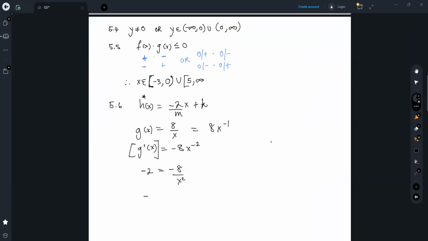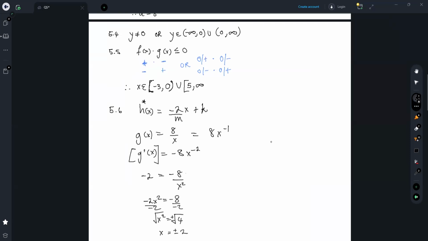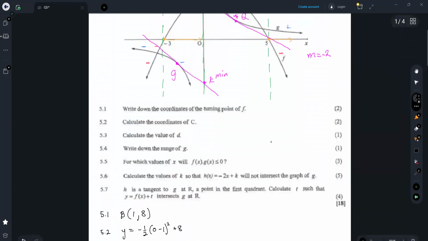So I have negative 2x squared equals negative 8. Dividing both sides by negative 2, I get that x squared is equal to a positive 4. Then when I take the root of both sides, I have my values of x, which will be plus or minus 2.